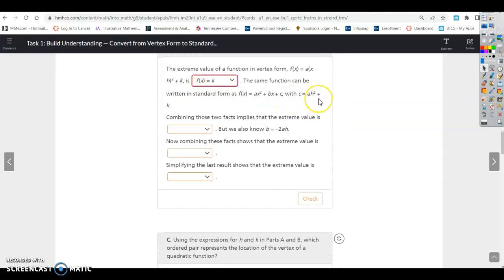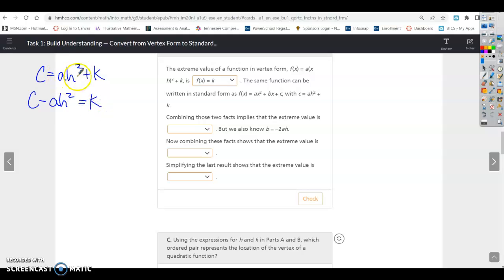So if you look at this, we can say c equals a h squared plus k, and we want to solve for k. Right here we're looking for k. So we're going to subtract ah squared from the other side. So c minus ah squared equals k.